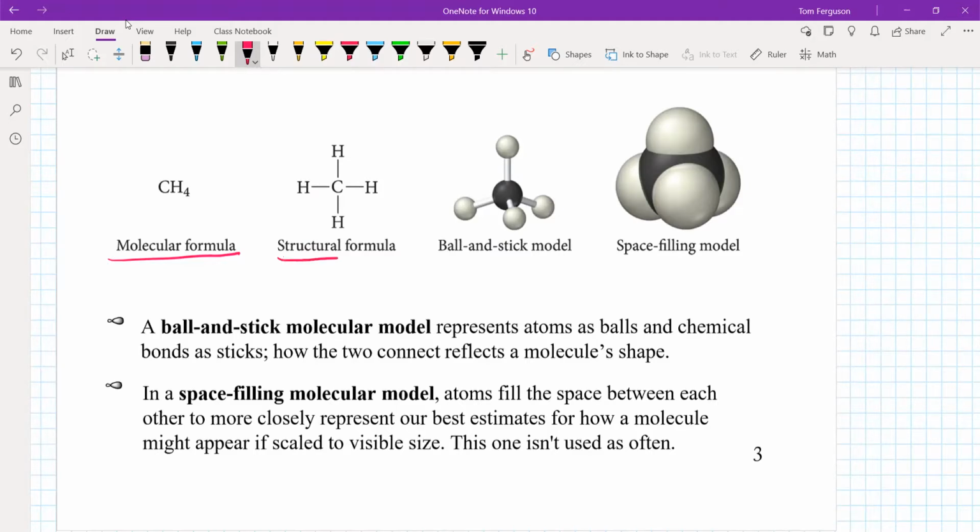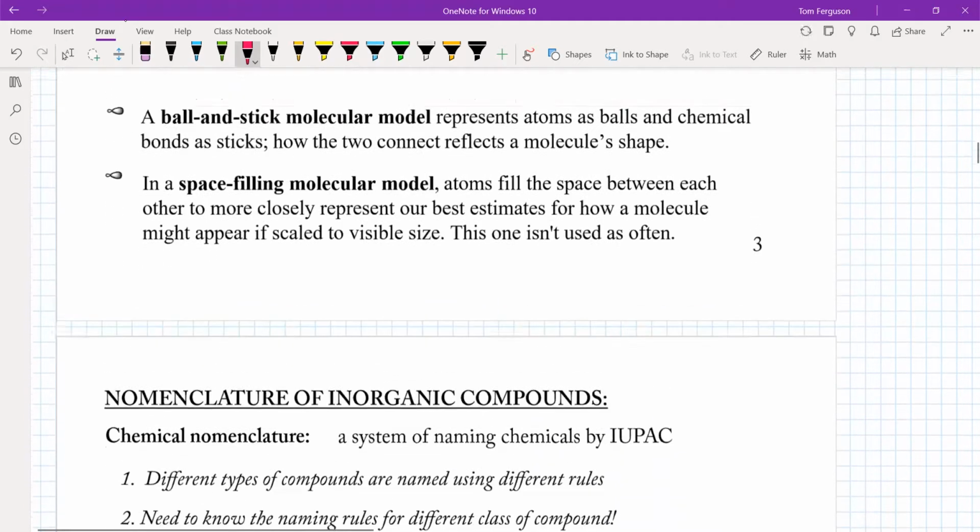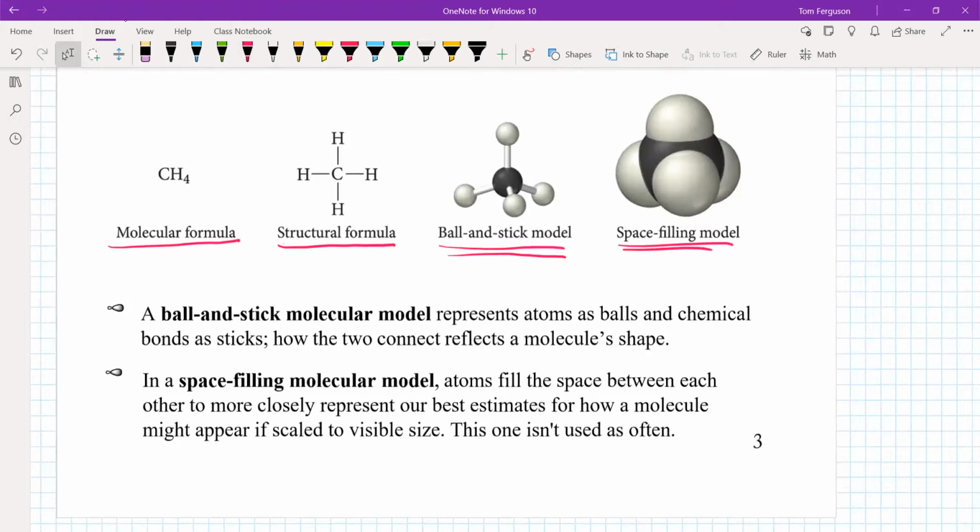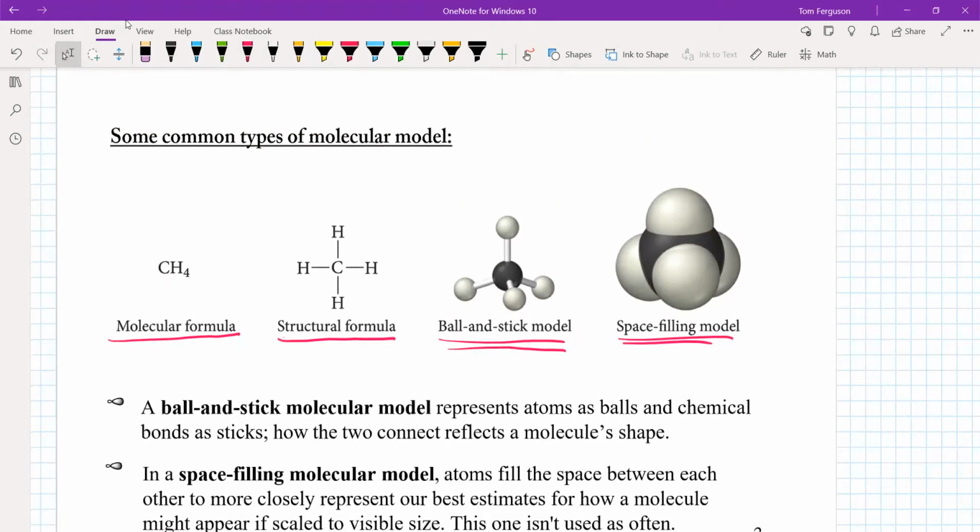Structural formula gives us an indication of the structure. A ball and stick model is supposed to be a 3-dimensional version, as well as space filling, a 3-dimensional version of what the molecule looks like. Space filling is used a little bit. It's not used a whole lot. Ball and stick are used frequently, and structural formulas are used frequently, but the structural formulas are usually written like this, though.